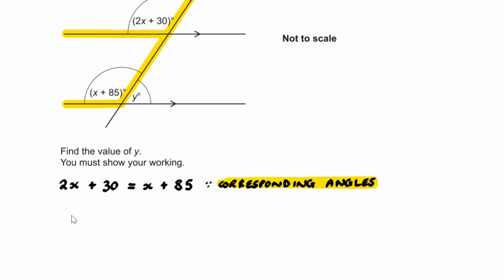And if I solve for x, I've got x equals 55 degrees. So now that I know that x is 55 degrees, that means that this angle is 55 plus 85.